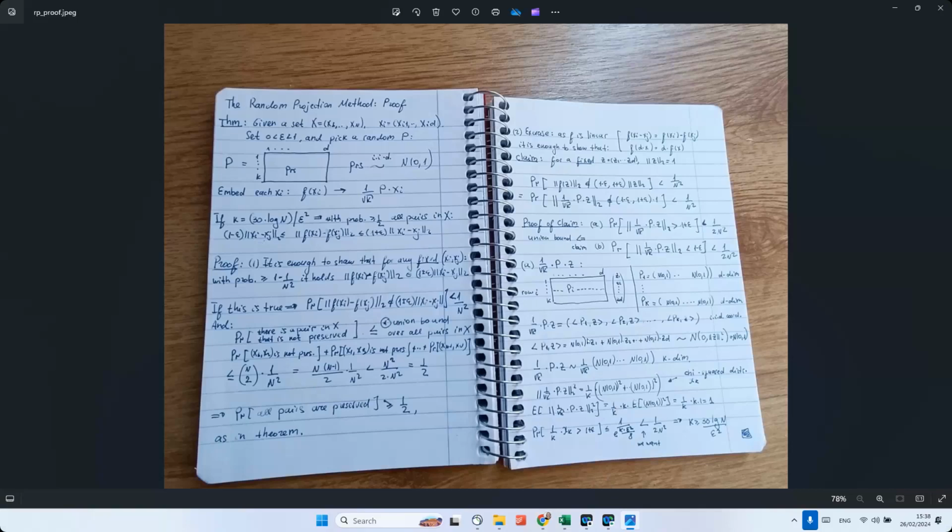But here, what I want to show you is a kind of roundabout way of doing this proof. The thing we want to prove concerns the length of the projected vector. As we have seen before, when we compute it, the formula is 1 over k times a sum of normal variables to the power of 2.